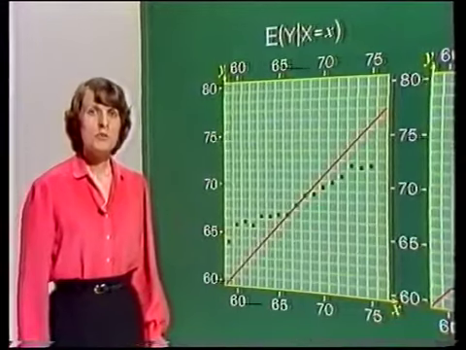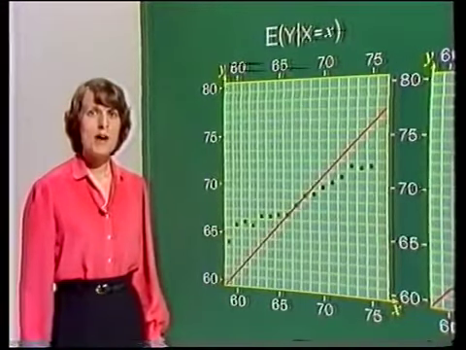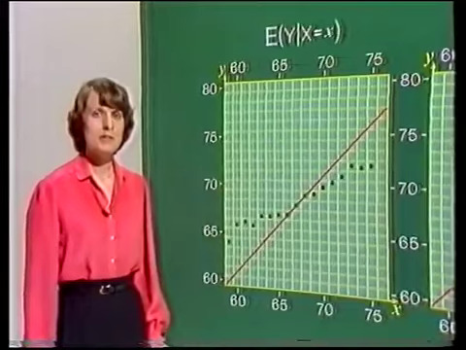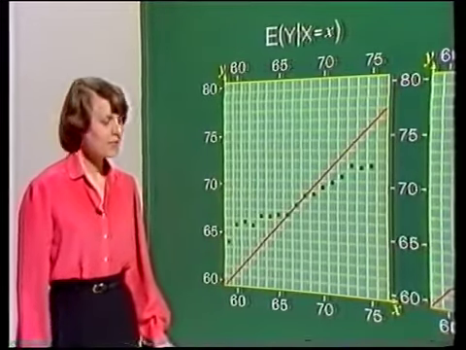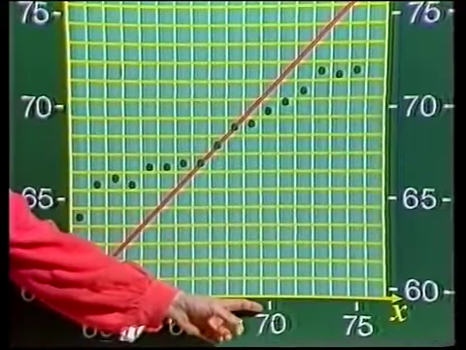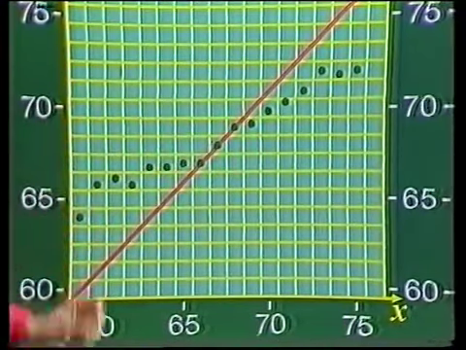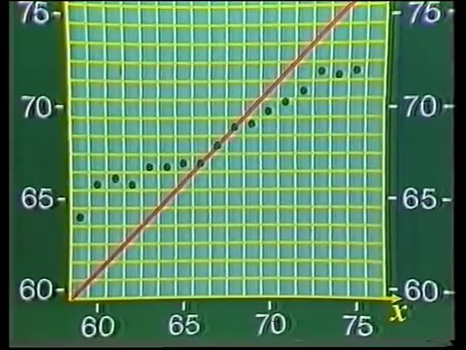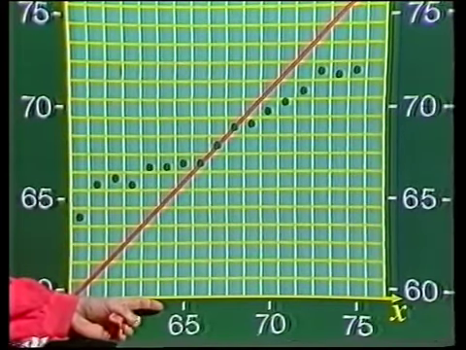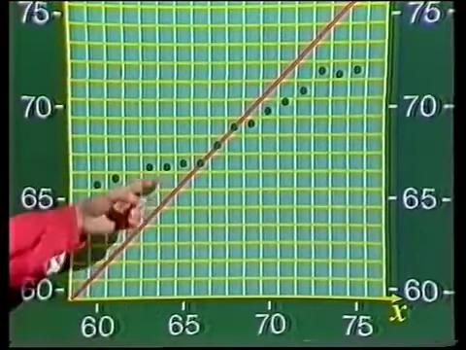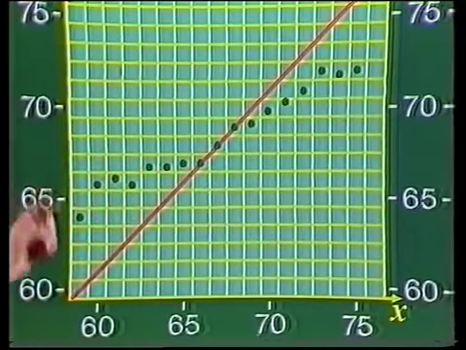For each father's height, I've plotted the average of their son's height. For instance, for fathers of height 70 inches, the average height of their sons is just below 70 inches. And for fathers of height 64 inches, the average height of their sons is just below 67 inches.